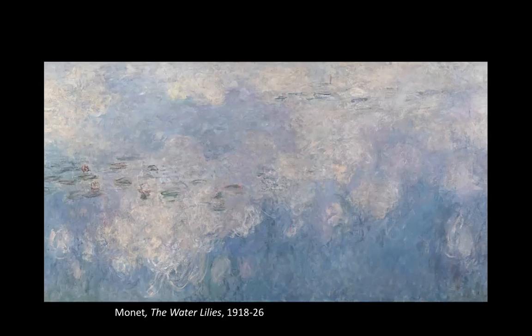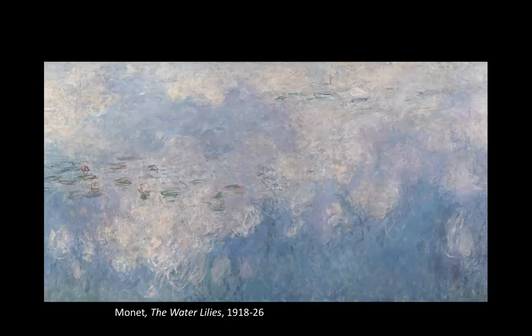And so when you go in the Orangerie, you're surrounded by these enormous paintings of Monet's pond, basically, with the water lilies floating on the surface and the trees leaning over the surface of the pond, and the reflection of the trees, and occasionally a flower or a fish.